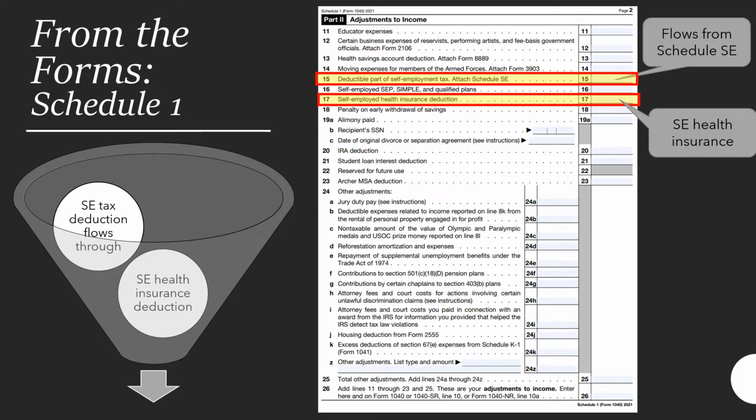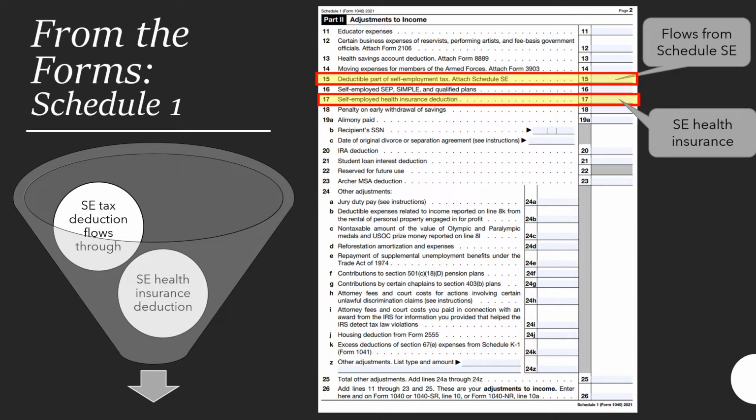And then our next line of interest is the self-employed health insurance deduction. That's where our self-employed individuals may get to deduct some or all of their self-employed health insurance costs.